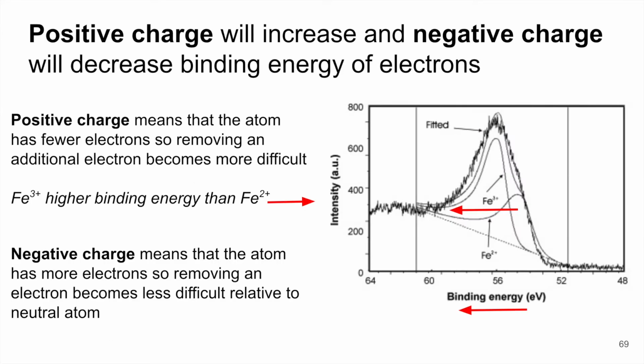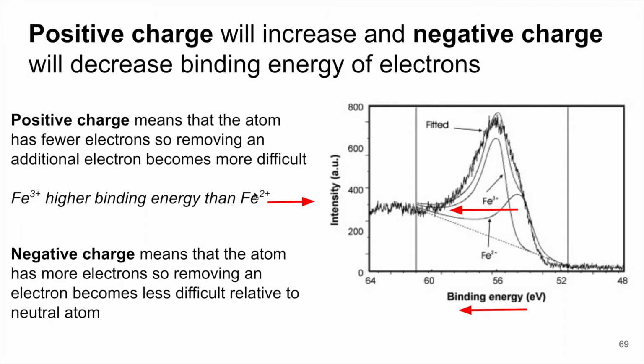Another kind of change that we tend to see is an element's relative charge. If we're in an ionic structure, for example an iron oxide or chloride, whatever it may be, we obviously will have different charges on the iron.